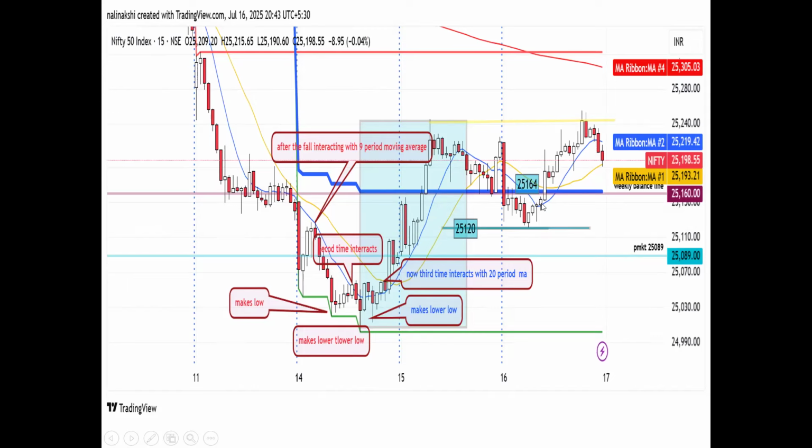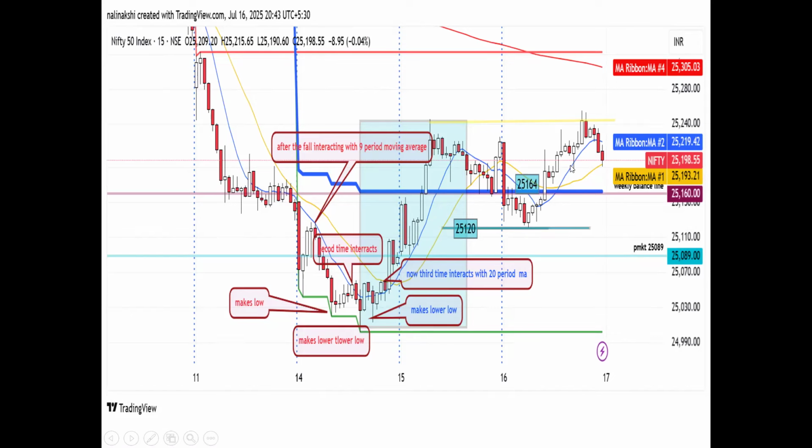The body is closing above the 9-period moving average. That is indicating strength. When the body moved in, this process took a lot of time. This was a short accumulation. And immediately, the same price action. The price came up like this, and then again it made a low.